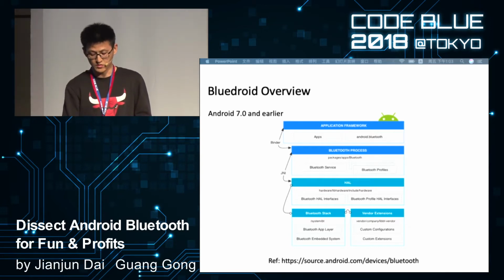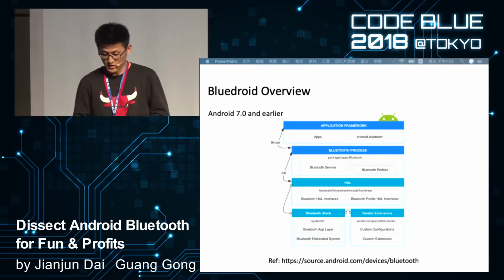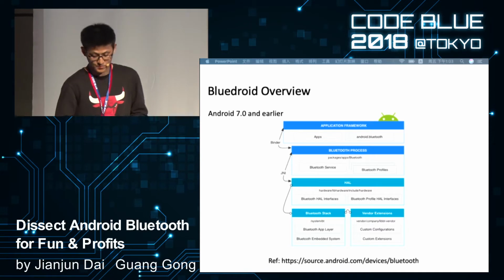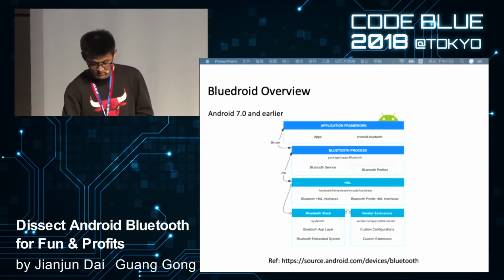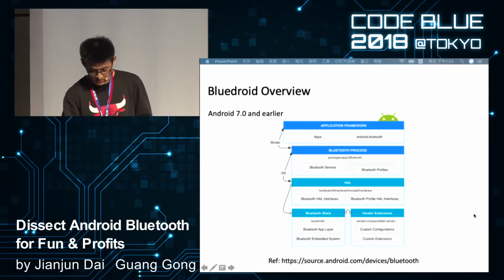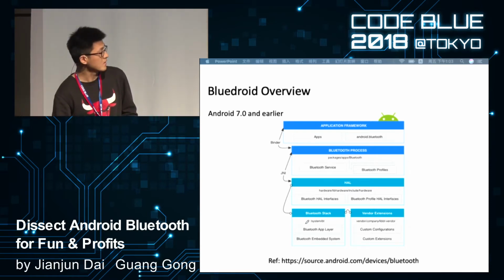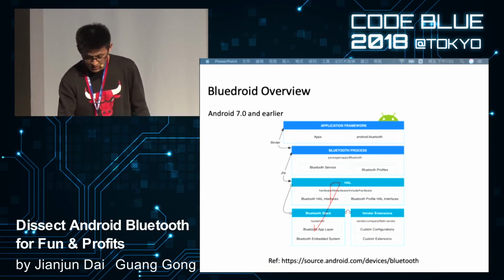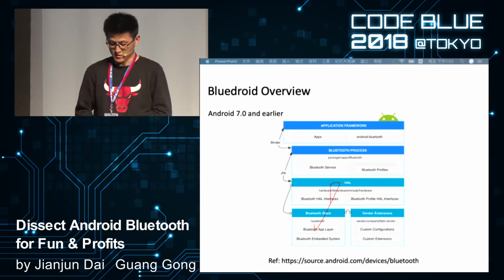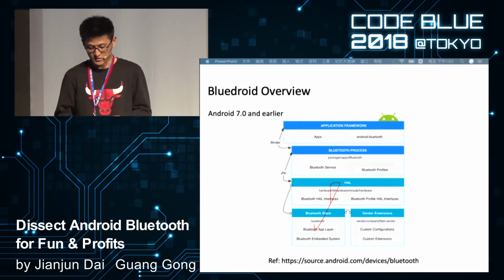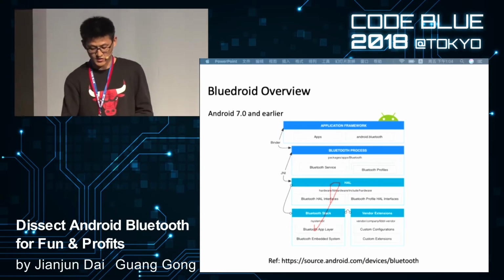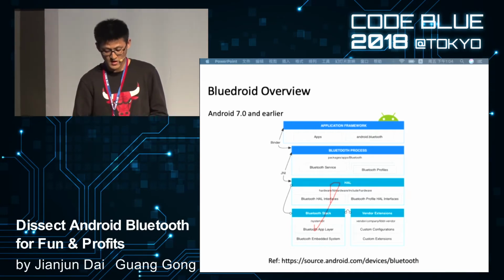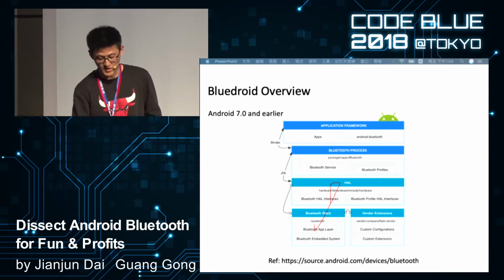The default Bluetooth stack is located in system/bt. The stack implements all the protocols and the generic Bluetooth HAL. But Android 8 is a bit different.